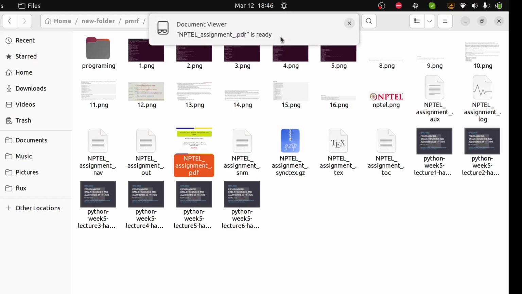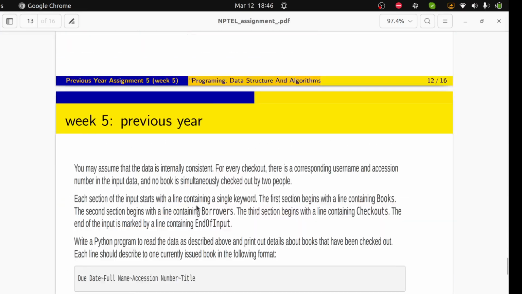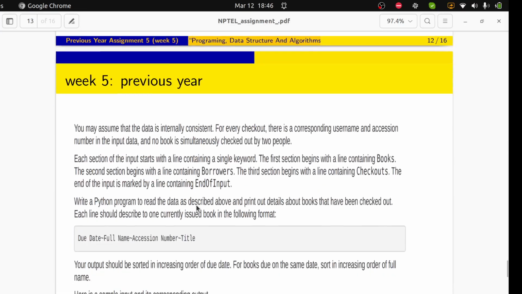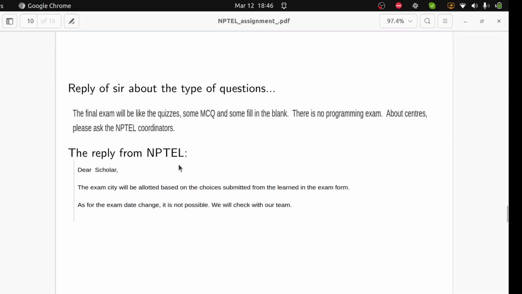There will be some MCQ-like questions, and I gave that one somewhere, but I forgot where it is. See, the final exam will be like the quizzes, some MCQ and some fill in the blank. There is no programming exam.